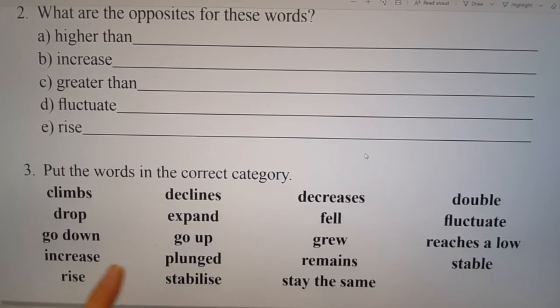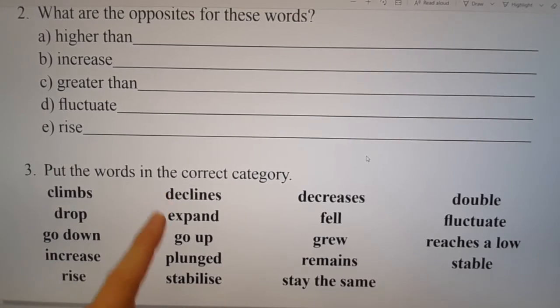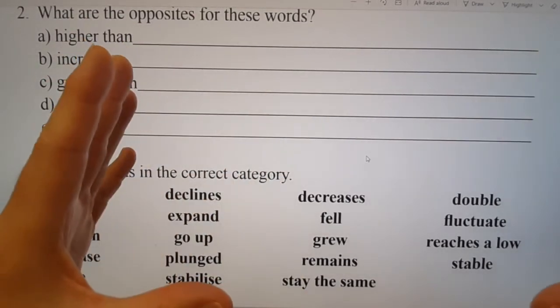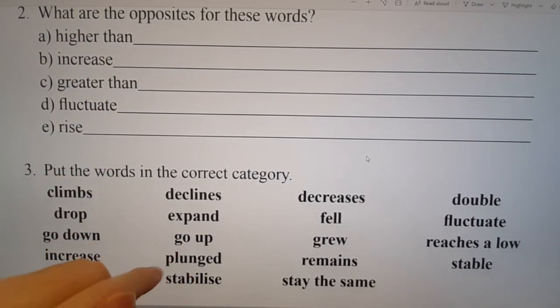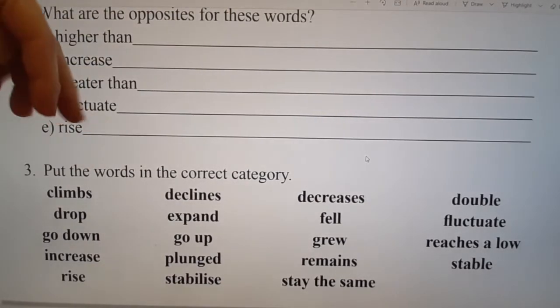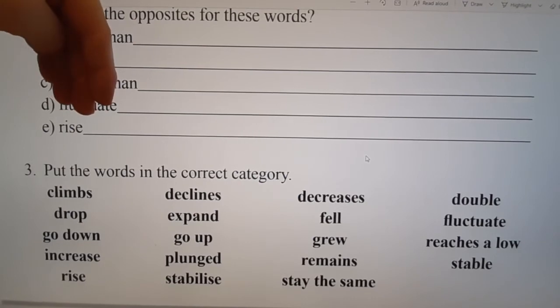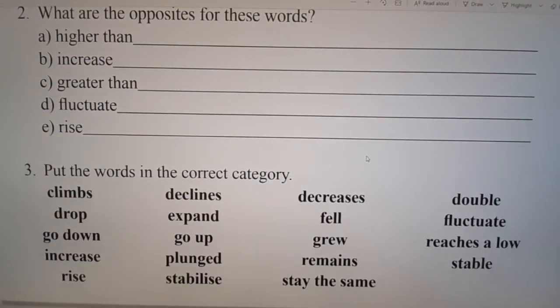Go down, increase, rise, declines, expand, okay? Expand. Go up, plunged. Now, plunge is also like when you're swimming, you plunge into the water, you dive into the water.